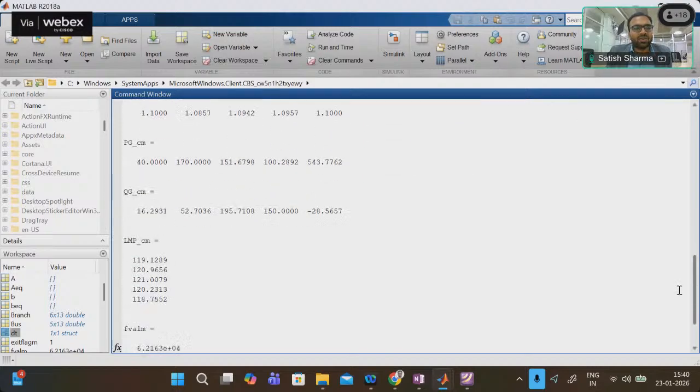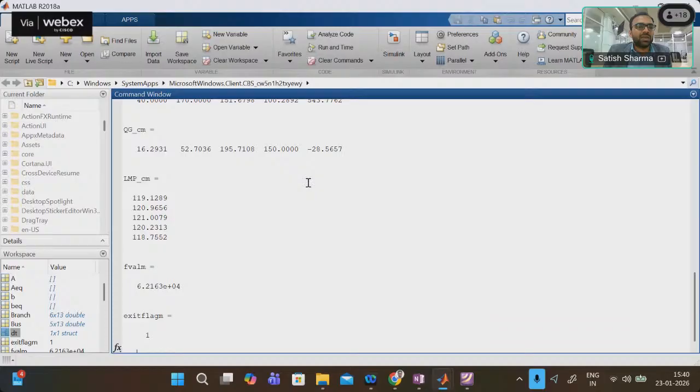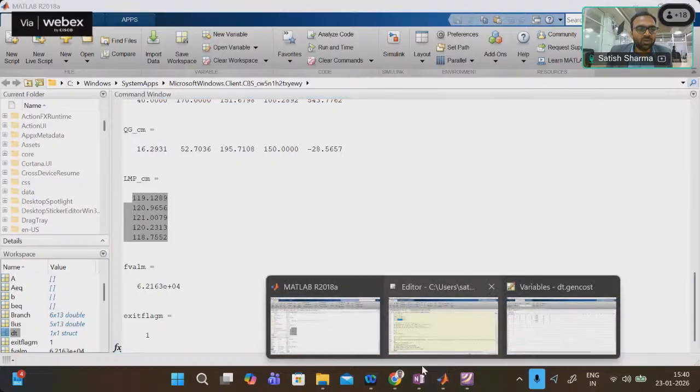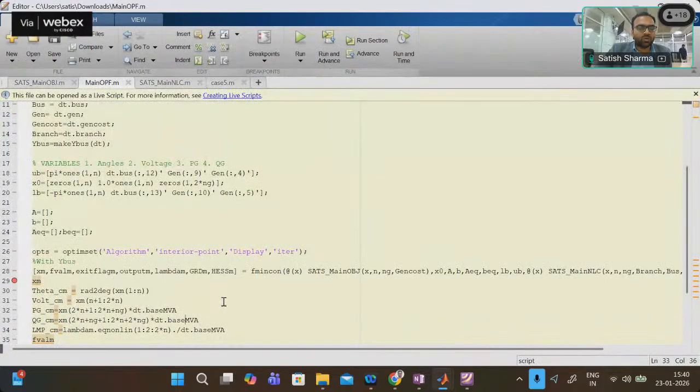Apart from that, I have also taken the LMPs. In this particular code, this is how I converted everything. From this, x is my actual output, and from that we have converted radians to degrees. Voltages are in per unit only, and I have obtained everything in per unit.